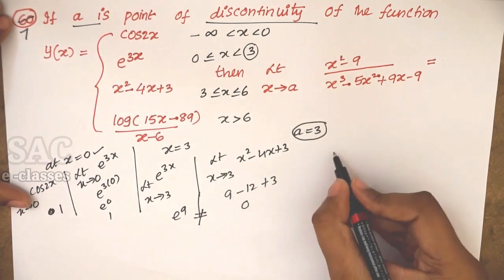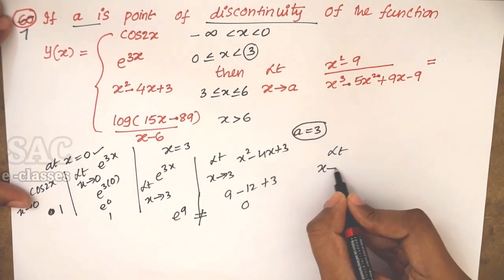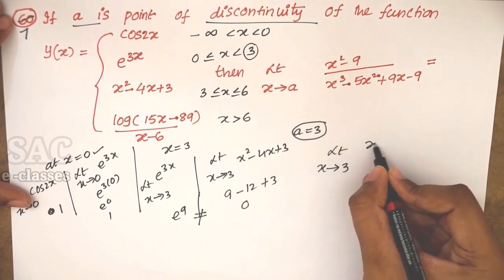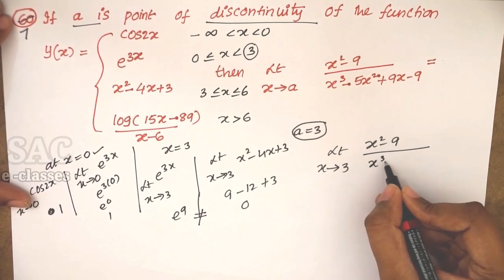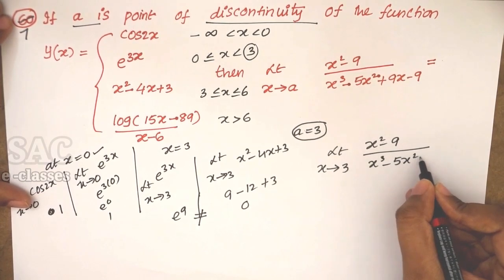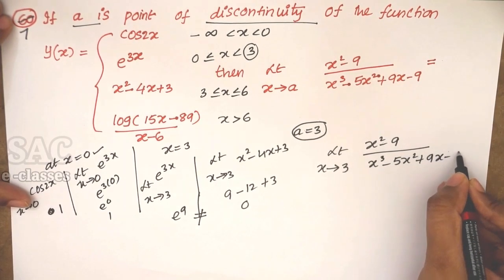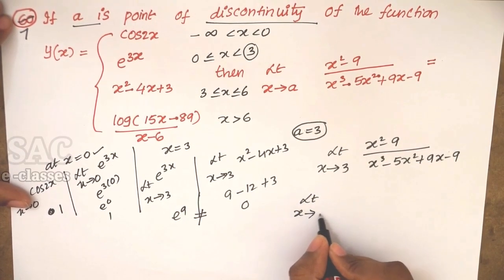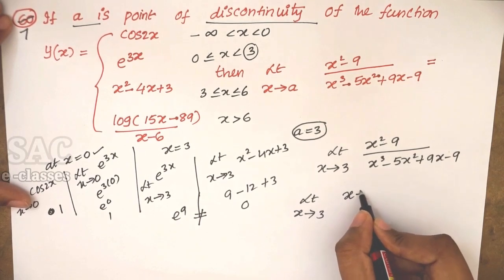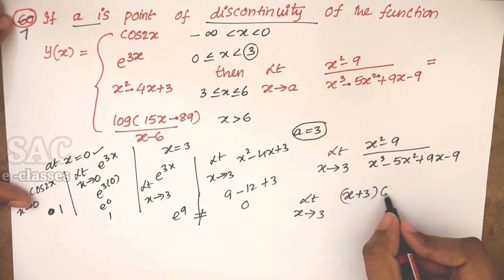So what can we do now? Limit x tends to 3, x square minus 9 by x cube minus 5x square plus 9x minus 9. Can we write it as x plus 3 into x minus 3?